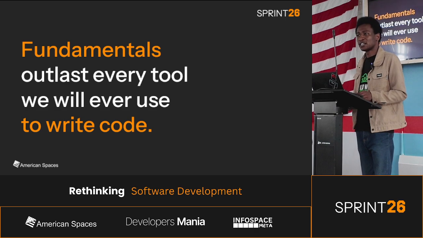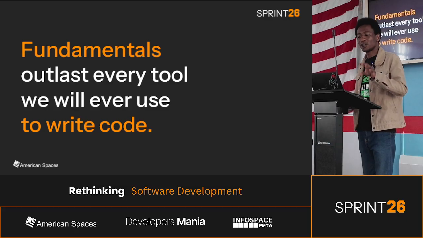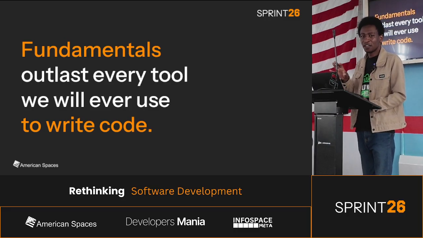Things like memory affect everything. Things like exception handling. Those are fundamental things that will not change even if AI writes the code. So if you focus on the fundamentals of software construction, then AI is going to accelerate what you are doing.